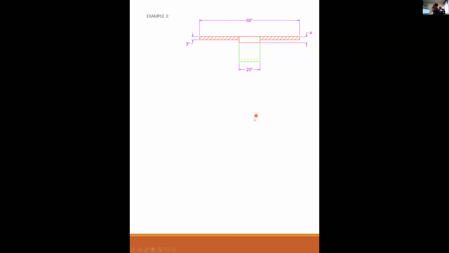So starting over, what we recognize is that the entire overhanging flange is going to be activated. And A is going to be something greater than the width or the depth of that flange, something greater. So this is what my compression block is going to end up looking like.